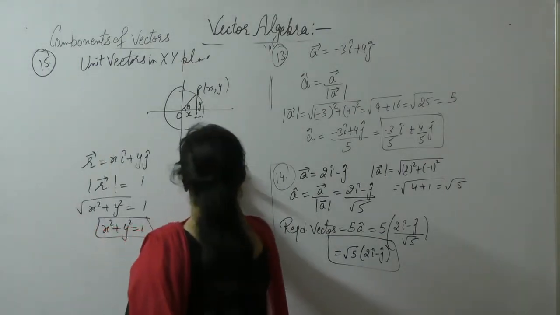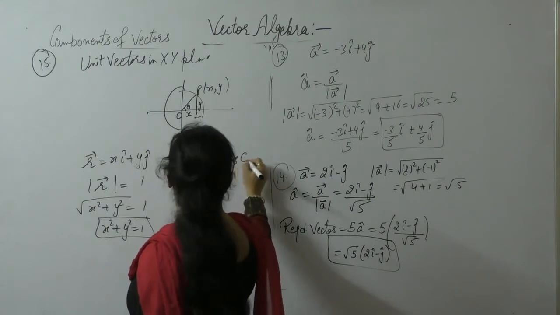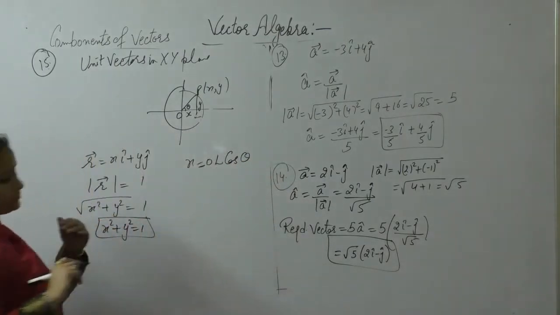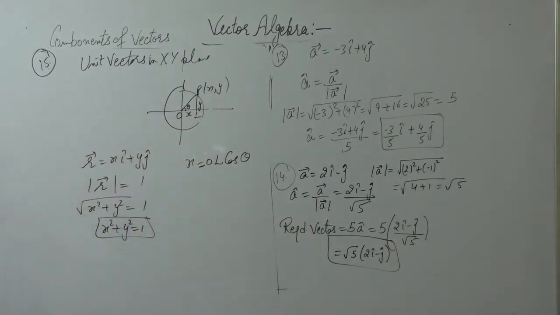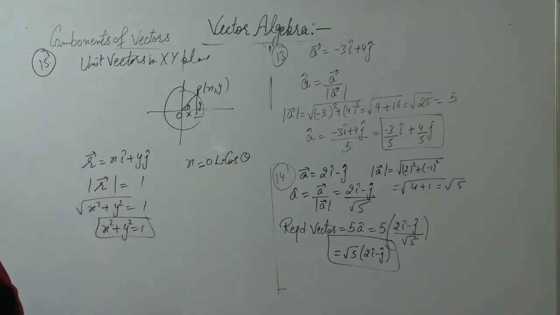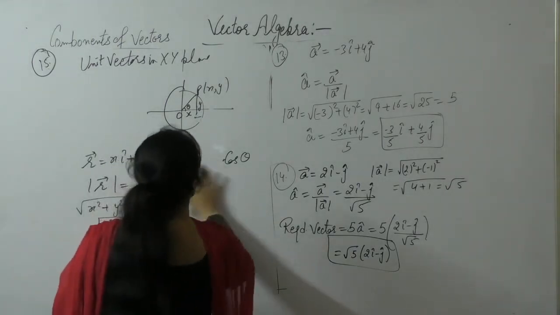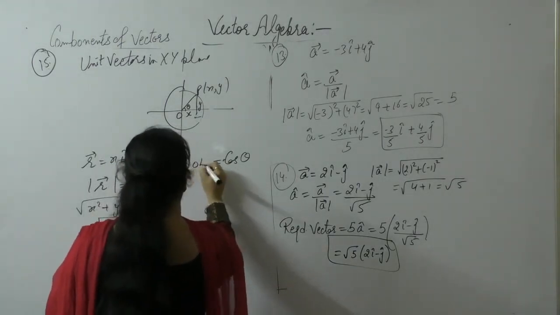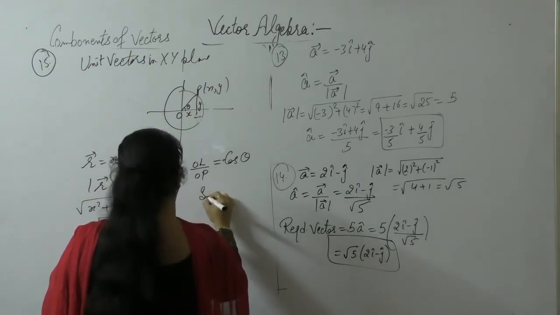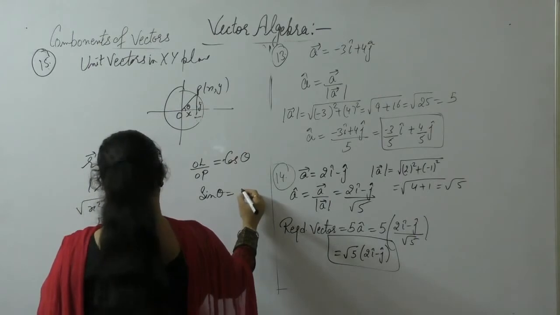Now x is equal to OL, cos theta is OL upon OP and sin theta is PL upon OP.